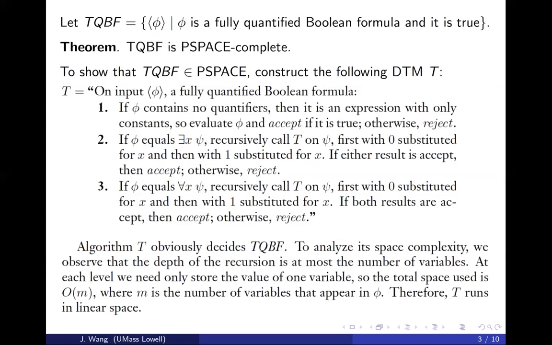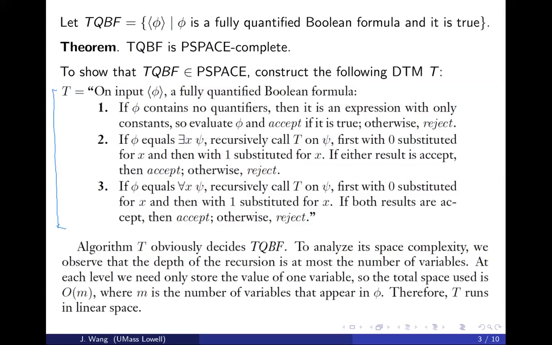This is how we determine that TQBF is in PSPACE, meaning that we have a deterministic Turing machine that accepts this set TQBF in polynomial space. Actually, TQBF can be accepted by a deterministic Turing machine in linear space. That, of course, is a polynomial.